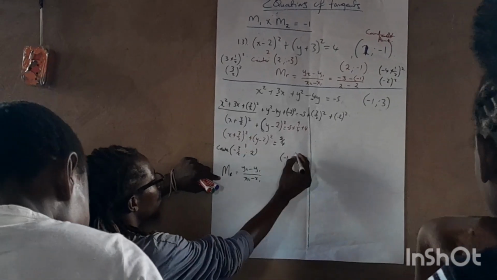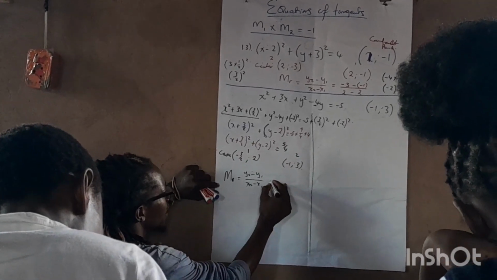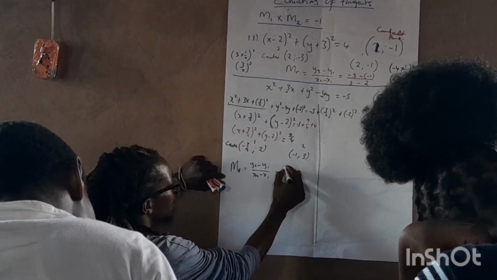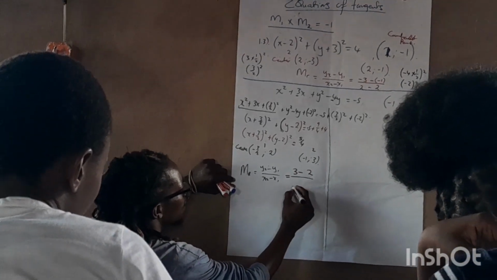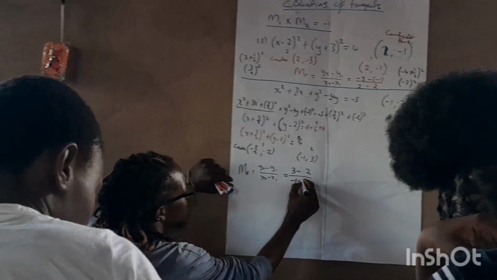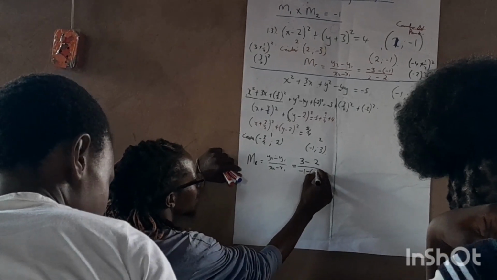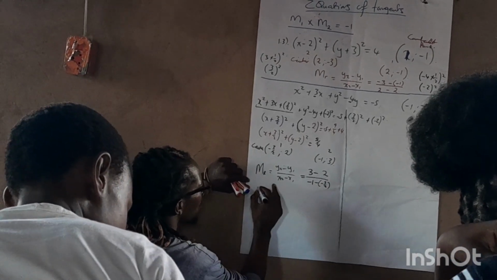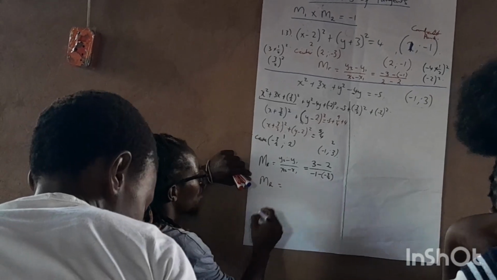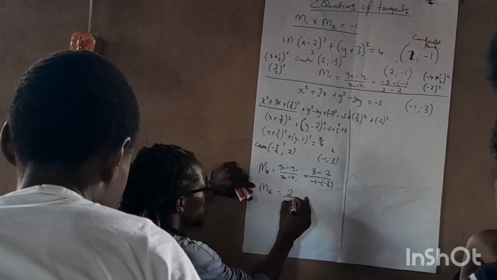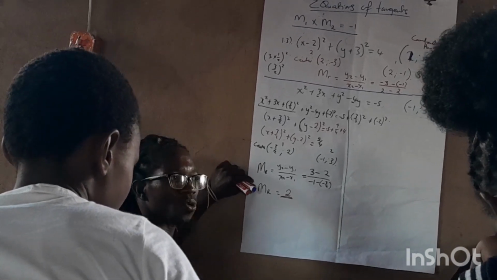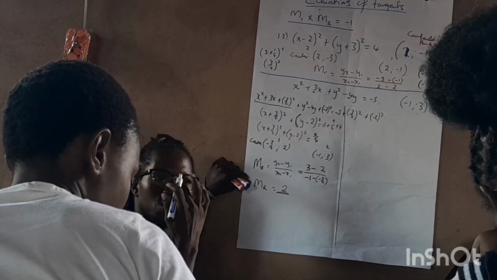So this is our first point, this is our second point, right? So this is 3 minus 2, over negative 1 minus negative 3 over 2. Our gradient of the radius will become 2, right? So the gradient of our radius is 2.